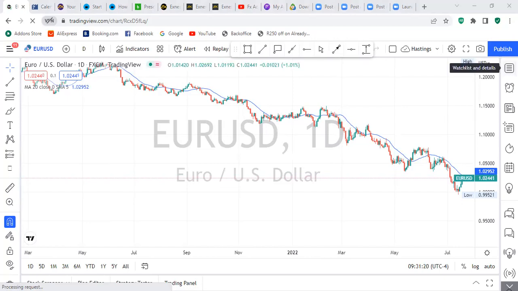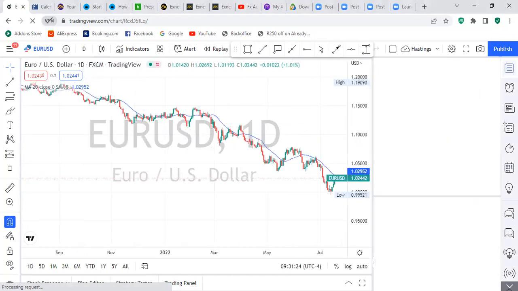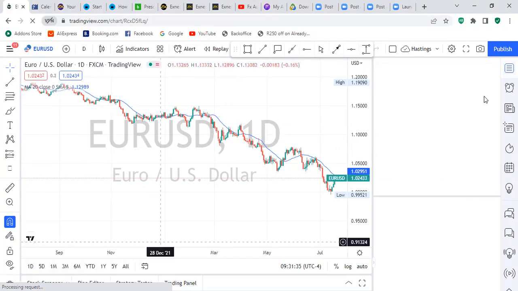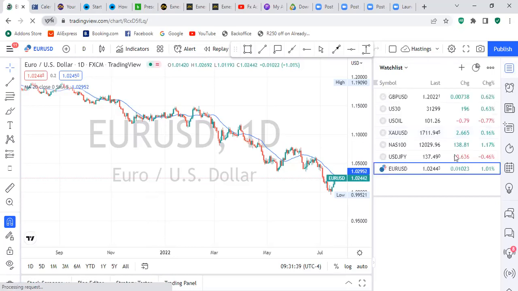It's labeled watch list and details. You click on there. I think my network is a bit slow, but let's wait for it to pull up. Let me just try to remove everything so you can start from fresh.